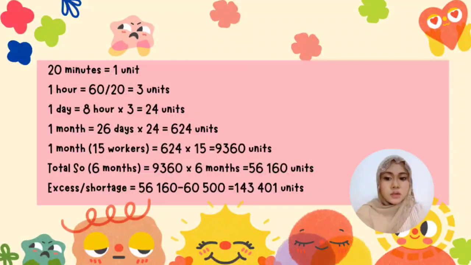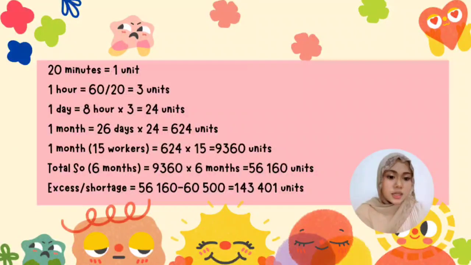For 1 month, we get 624 units, from 26 days times 24 units. For 1 month for 15 workers, we get 9,360 units. For the total standard output for 6 months, we get 56,160 units, from 9,360 units times 6 months.